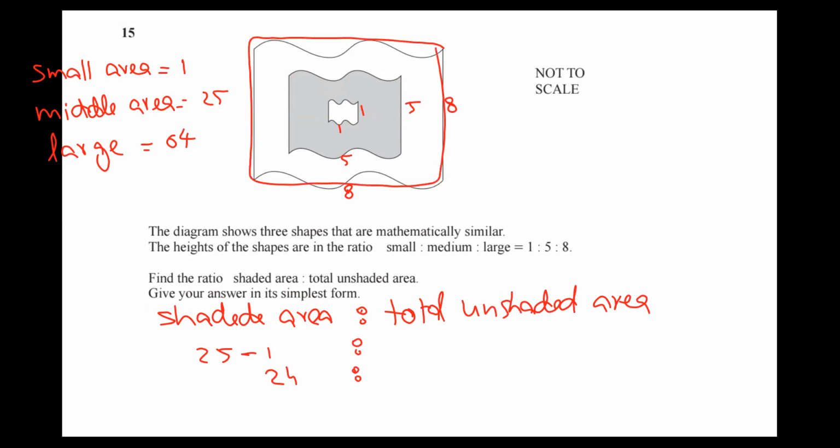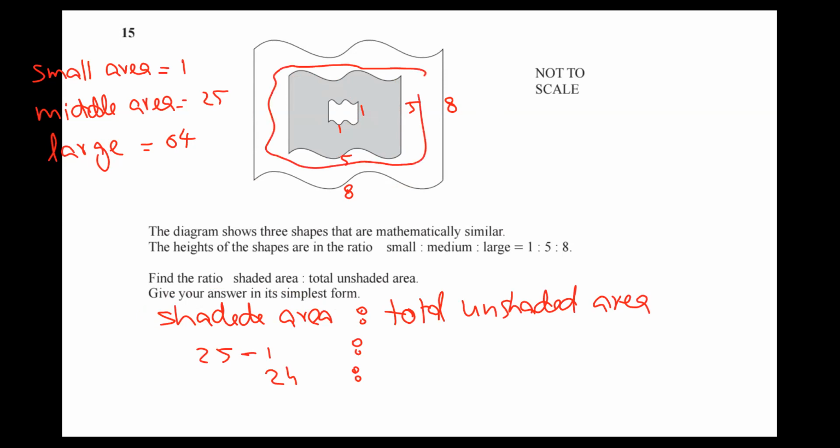You can see, the problem is that I need this white area, but this blackish area I don't want. So 64 is the bigger area, but I don't need this blackish area, so indirectly I'm subtracting this blackish area, which is actually 25 minus 1.